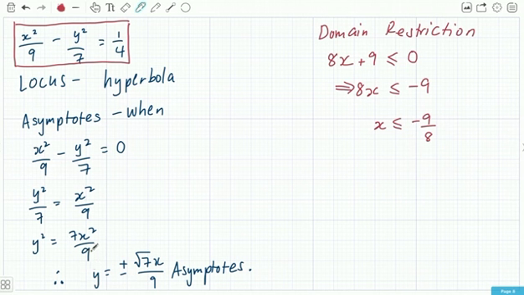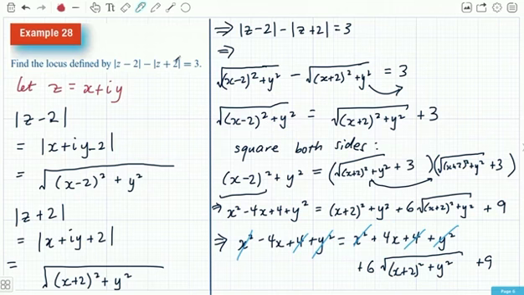It doesn't change the asymptotes as well for your answer. So we've got those asymptotes at plus or minus root 7x on 9. And it just changes the section of the graph that you'd be looking at sketching and keeping in your graph. So because of that domain restriction there, that's an important final part of that very long question on defining the locus for a given complex equation.